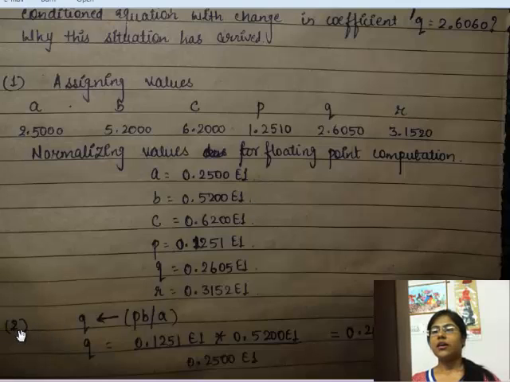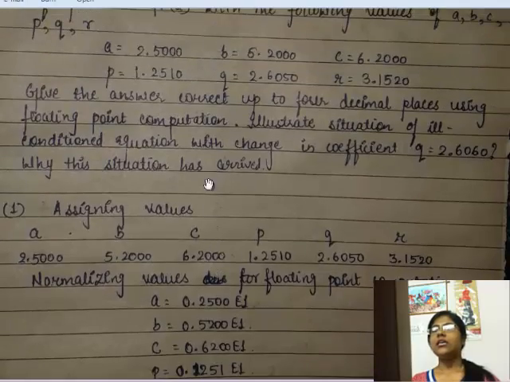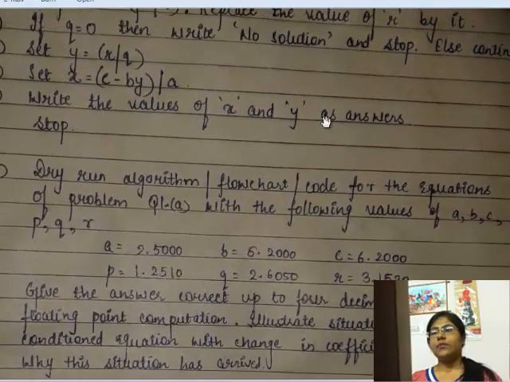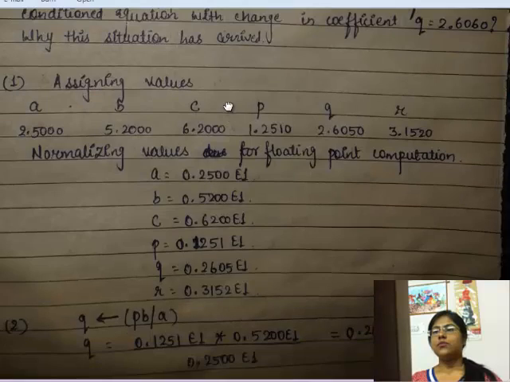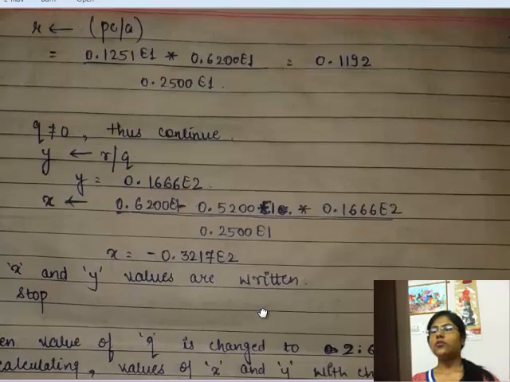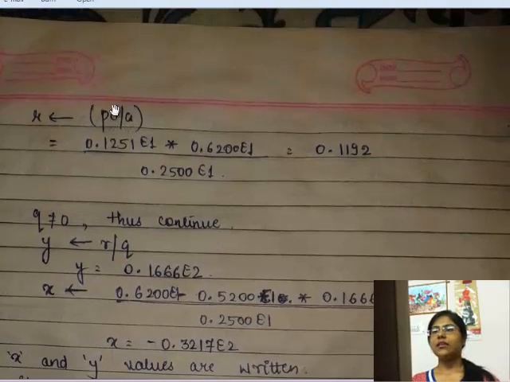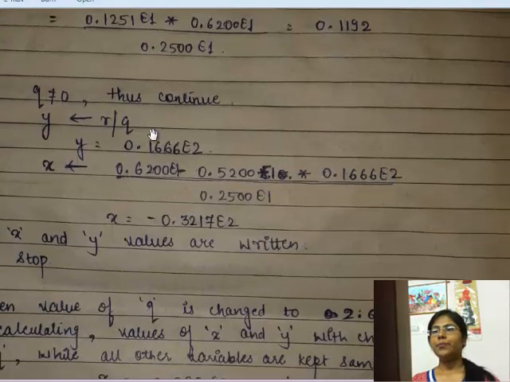Heading for the second step, since we are dry running our algorithm, the second step says that q is equal to q minus pb upon a. By calculating this value pb by a, q comes out to be 0.2606, and similarly the value of r has been calculated as r minus pc upon a, which comes out to be 0.1192.